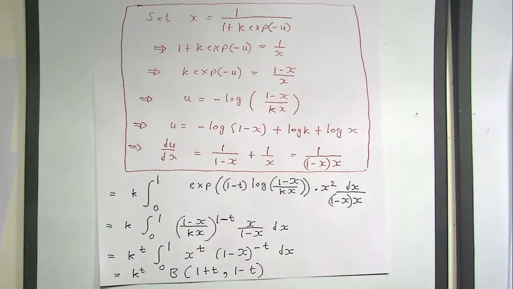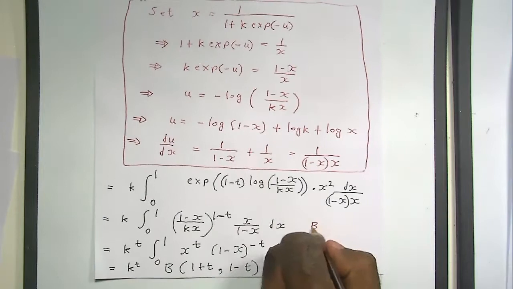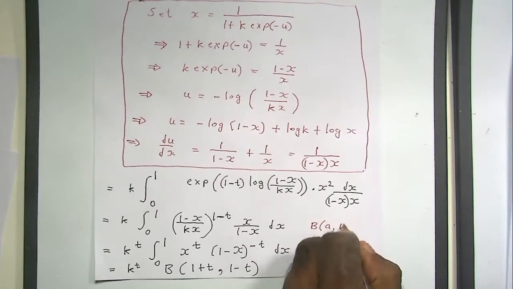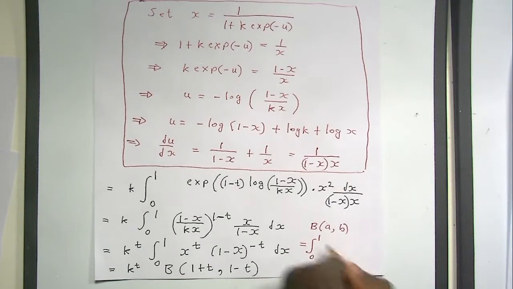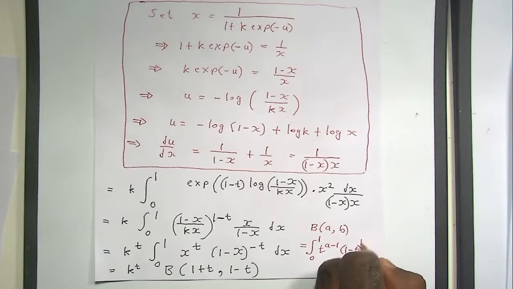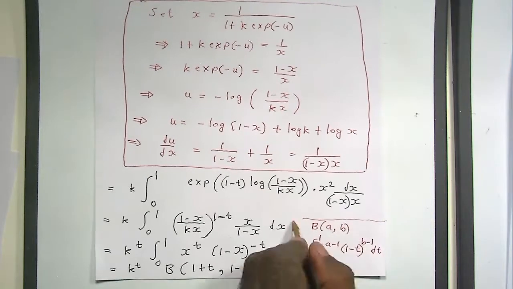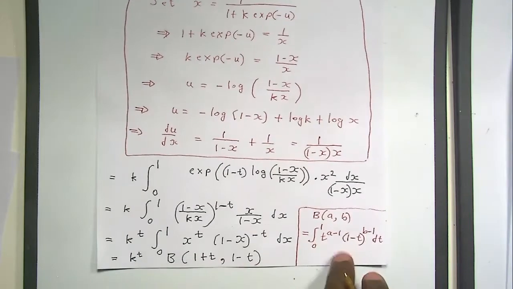The beta function at a, b is defined like this, as the integral from 0 to 1... Okay, this is the definition of the beta function, which I have used in the last step, right?